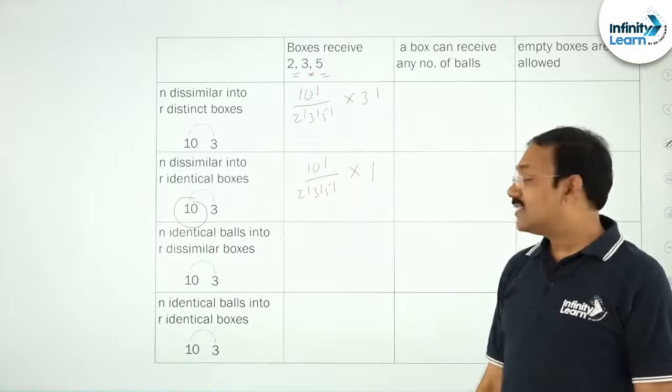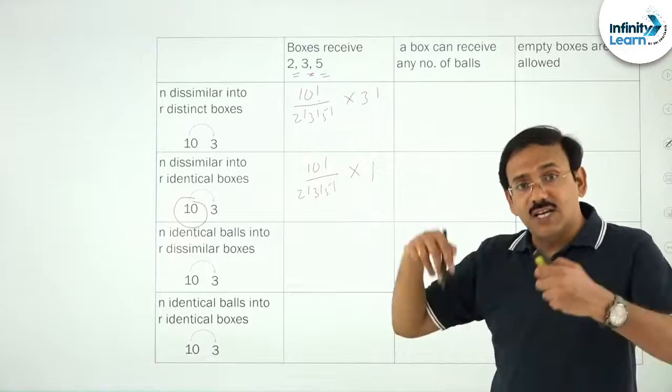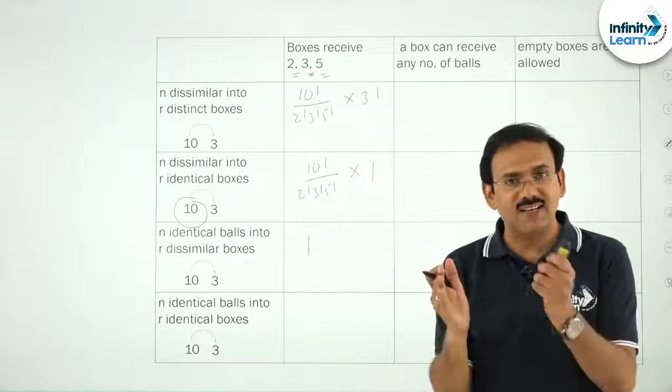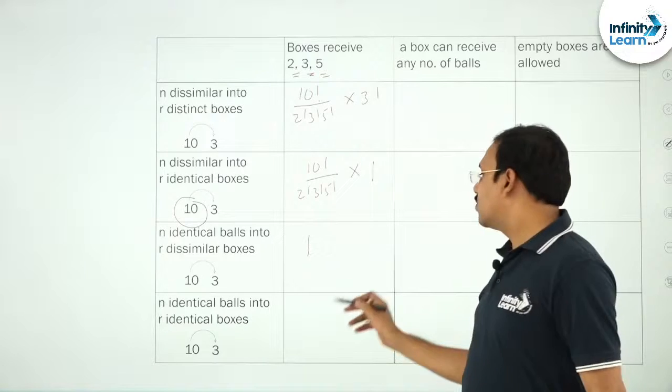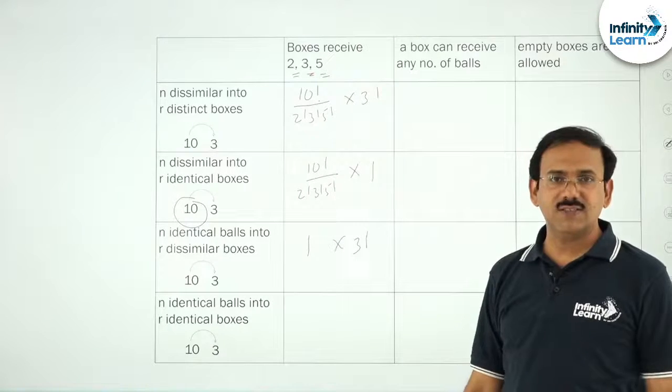The next, friends, n identical balls are to be first divided into 2, 3, 5. Division is one way because balls are identical. Now these are groups of different sizes, so you can distribute them into different boxes in 3 factorial ways.